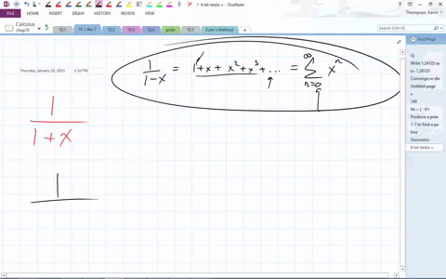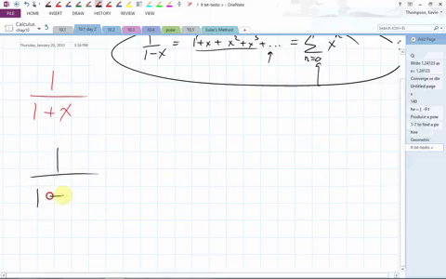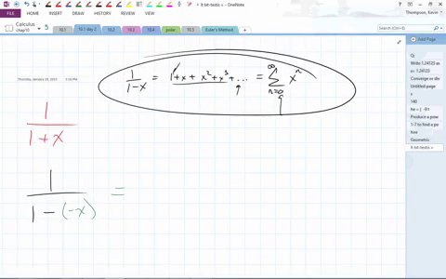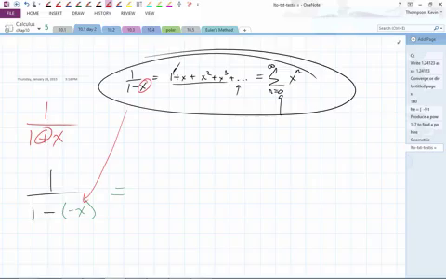Perry? The x is negative x, so it's 1 minus x plus x squared. That's some summation. Yeah. So first, do you notice that x, which was the ratio, is really now negative x? That's the only way you would have got a plus here in the problem.